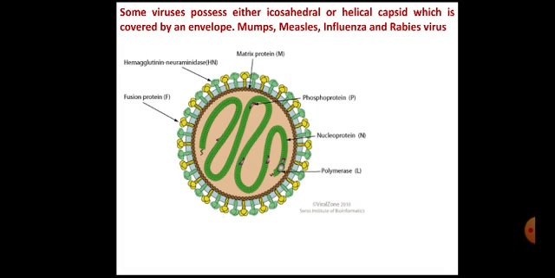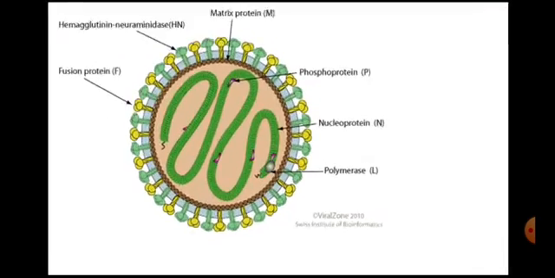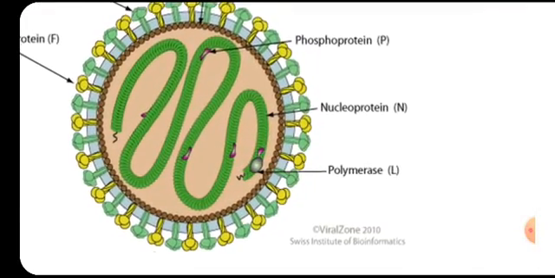So it is a helical capsid, and this helical capsid is then surrounded by a complex envelope. This envelope consists of different proteins: fusion proteins, hemagglutinin, neuraminidase, HN protein, matrix protein, etc.